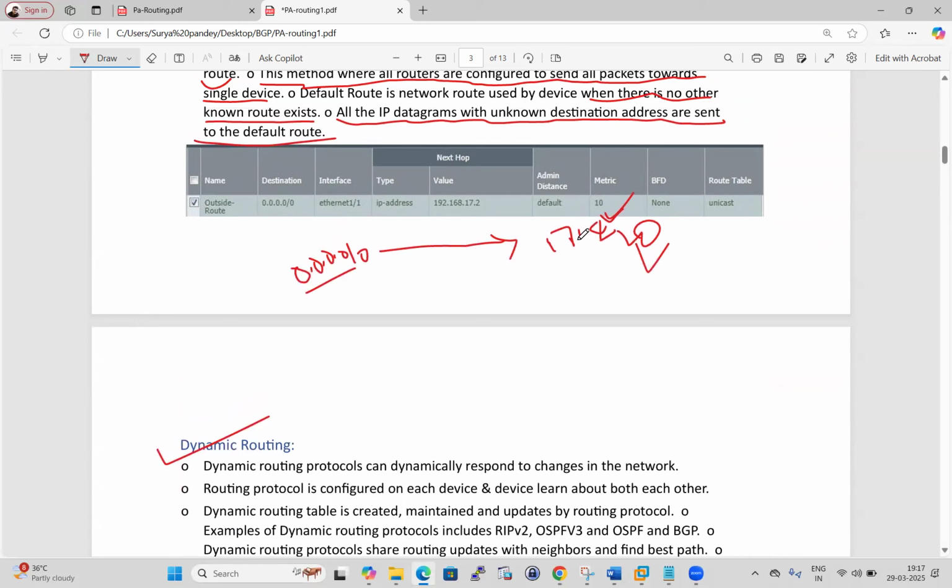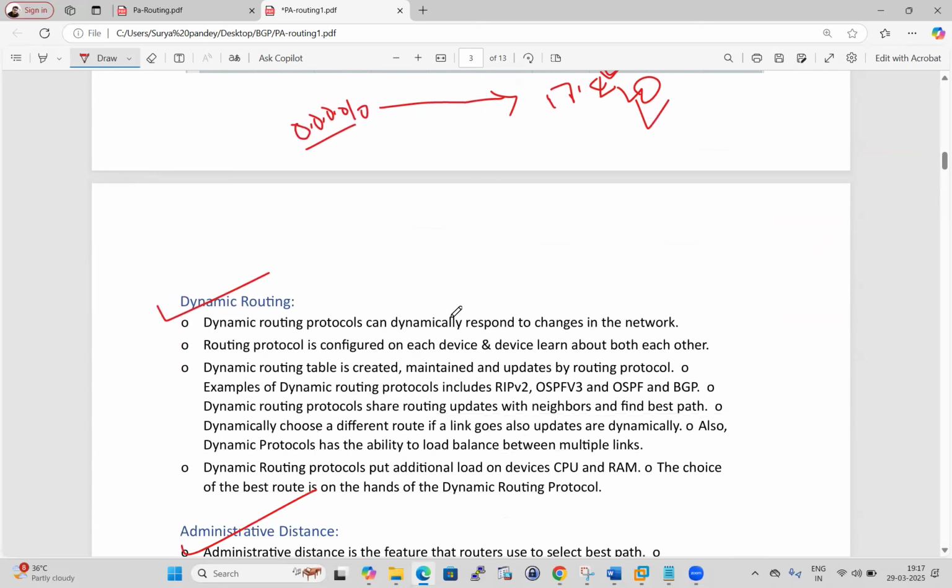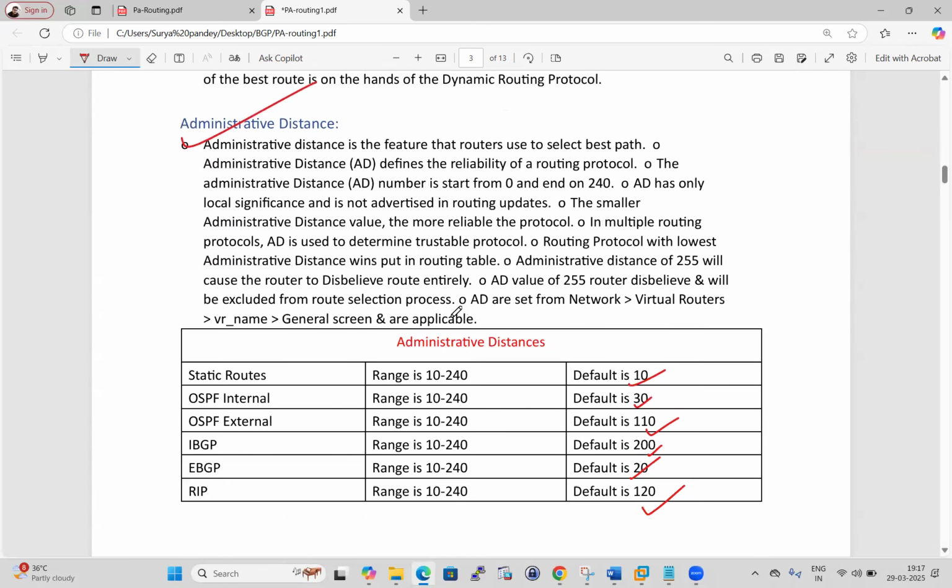We can use a lower metric, as lower is preferred, according to our requirements. So these are the two important things to understand: administrative distance and metric, where lower is preferred. If you put an AD value and metric on any routes, the lower AD value and metric is going to be preferred first, and in priority it will be considered first.